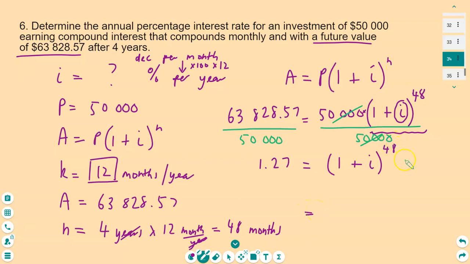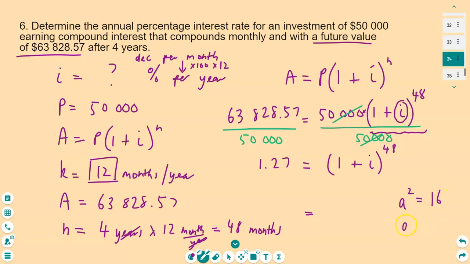Now, to undo an exponent, a lot of students get scared at this step. I mean, I'm a little bit scared now, but it's fine. To undo a square, say for instance, you had A squared equals, let's do a perfect square number, A squared equals 16.